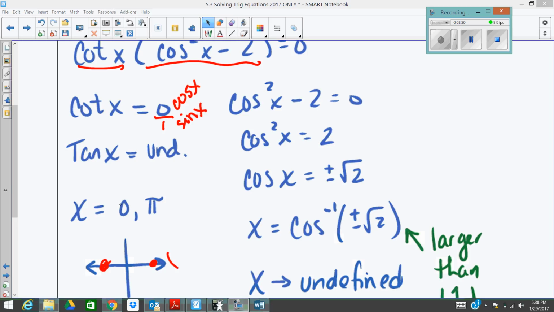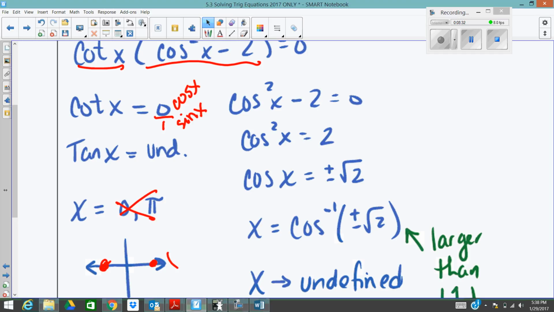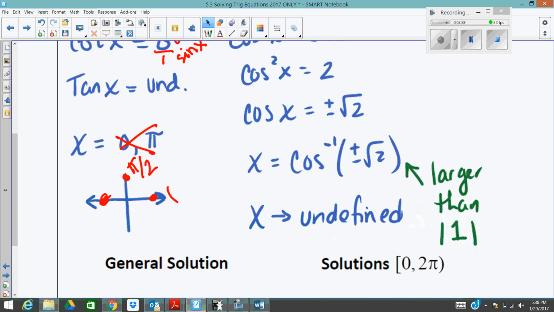I'm sorry, that's a mistake. It is not at 0 and pi. It is at pi over 2 and 3 pi over 2. Because at 0 and pi, cosine is 1, sine is 0, which would make cotangent undefined.